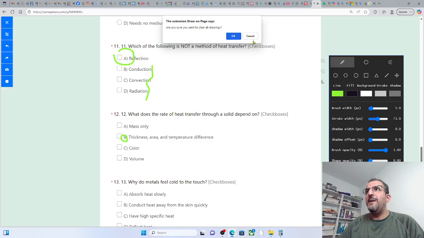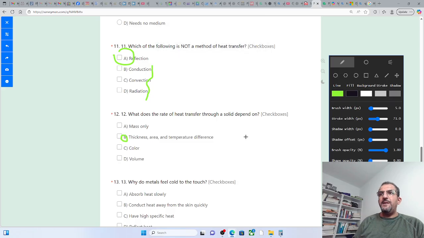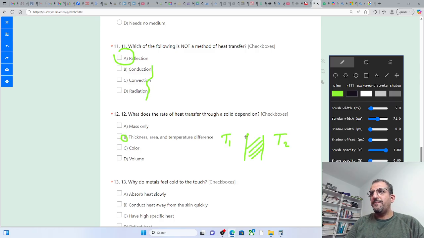Okay, and maybe I need to explain something here. If we have a material like this, with T1 here and T2 here, you can see that the heat transfer depends on the thickness X and on delta T, the change in temperature.